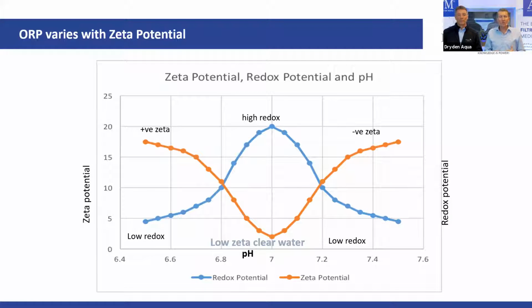This has to do with particles attracting each other, forming bigger particles, they start to drop out, and the water becomes clear. So zeta potential is low. And as the water becomes clear, your ORP reading starts to go up. That's the blue line. That's why in a neutral pH, you have this picture of a low zeta potential and a higher redox. I guess clean water is safe water, in a way.